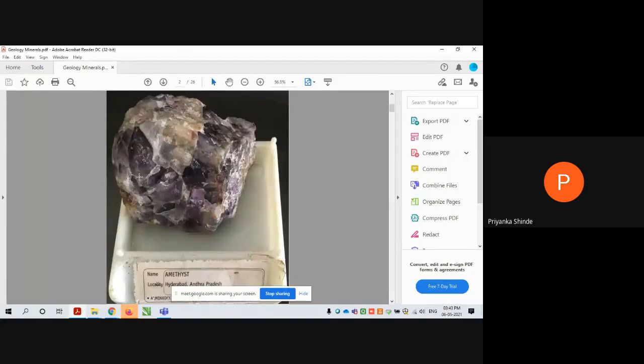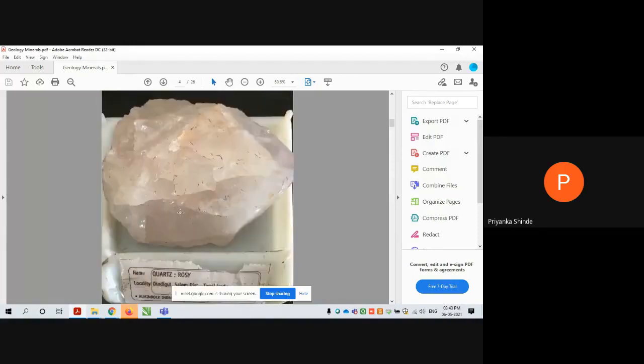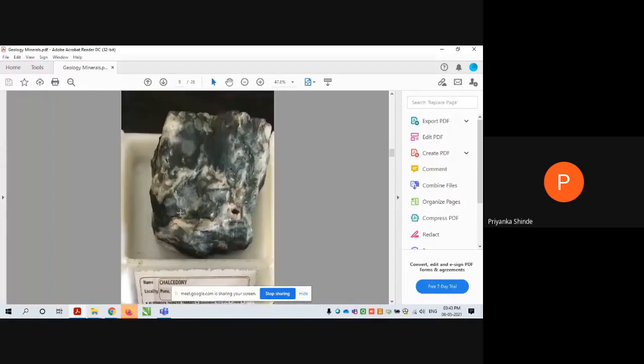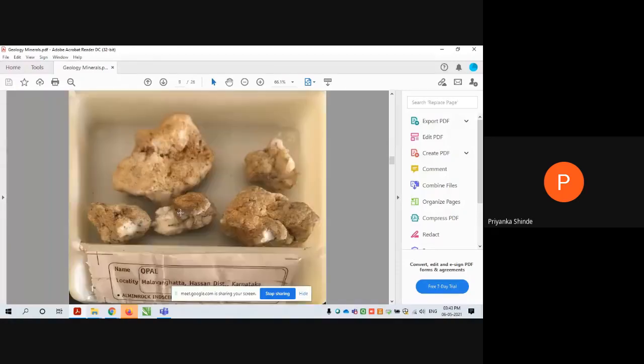So that is called geodes, and especially this quartz group of minerals, especially amethyst, they form like this in cavities. Then this one is opal. Opal is a quartz variety, but it does not have any crystal structure, so we call it amorphous.